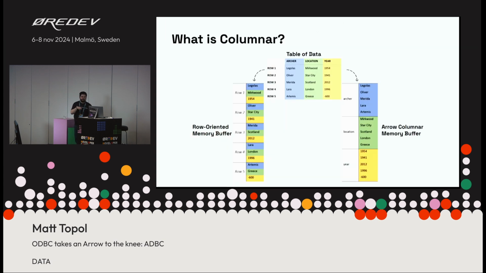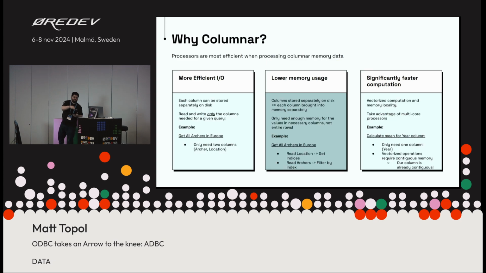Now, if you're not familiar with the term columnar, or column-oriented, here's a quick point showing what it is. The idea is the actual way that you lay the memory out to represent your table: a struct of arrays versus an array of structs. By putting the data for each column in order in memory, it enables significant performance benefits in many use cases.